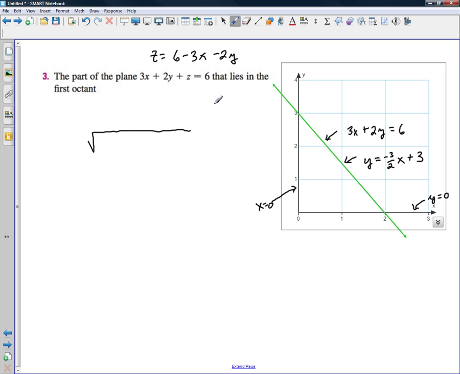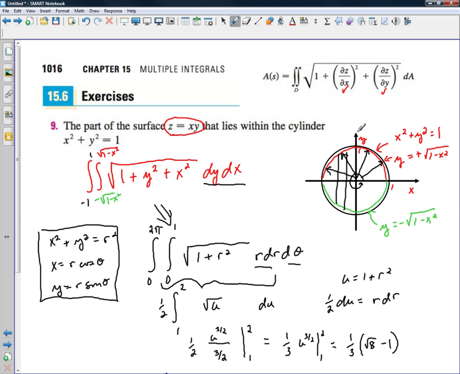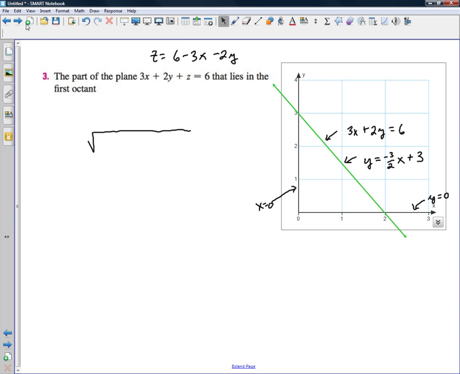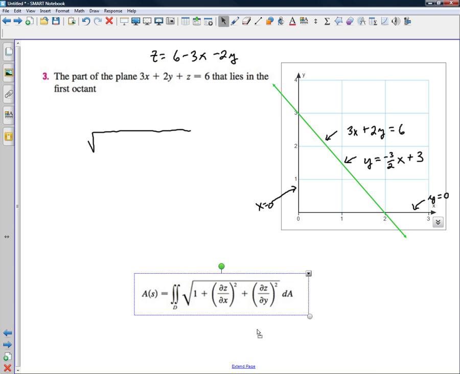And so if we take and find, and let me just go back and grab that formula so we have it here as a handy little reference.